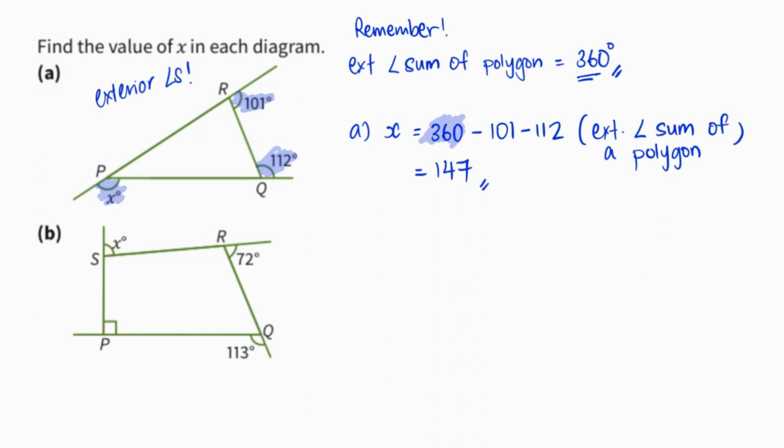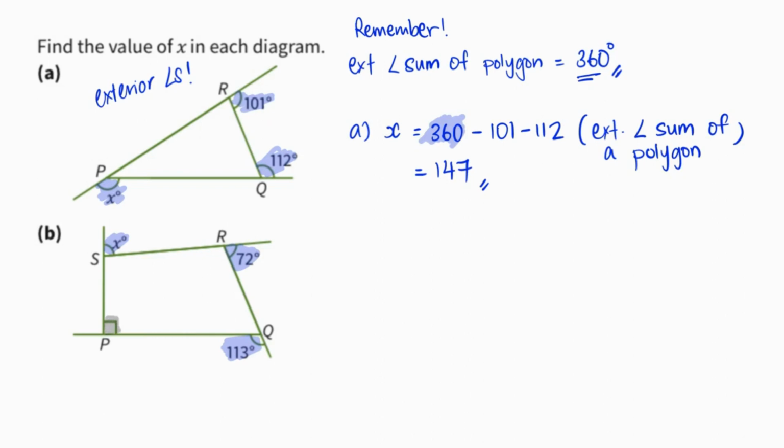So using that, I also saw that for part B, angle x is an exterior angle. It is outside. 72 is also. 113 is, but we are not given the exterior angle of the angle P. We are given the interior angle, which is 90 degrees.